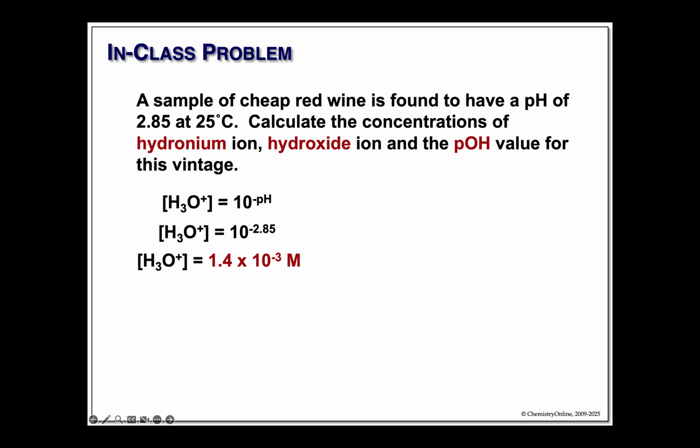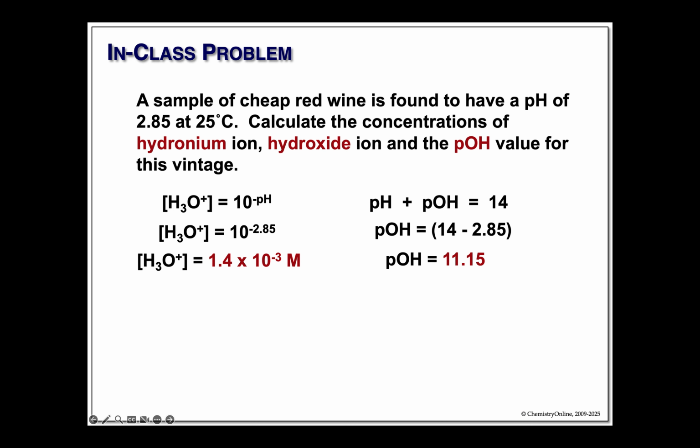All right, pOH. We know pH, we know that the sum of the two was always 14. So let's just do it that way. We know pH. pOH is 14 minus 2.85, 11.15.